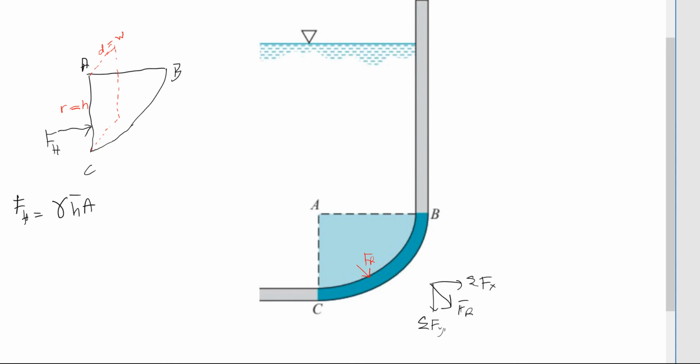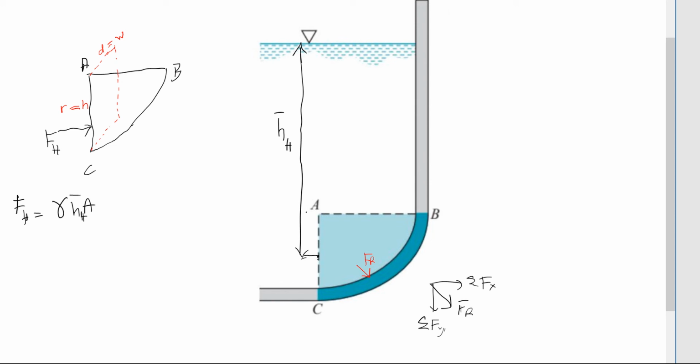In this case, from here to here, the imaginary surface centroid is here, between A and C, halfway. So from the water surface to this point is the h bar. I call it h bar horizontal, while Fh should be slightly lower than this centroid.